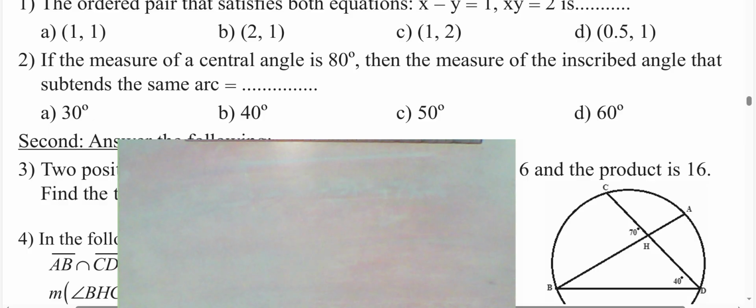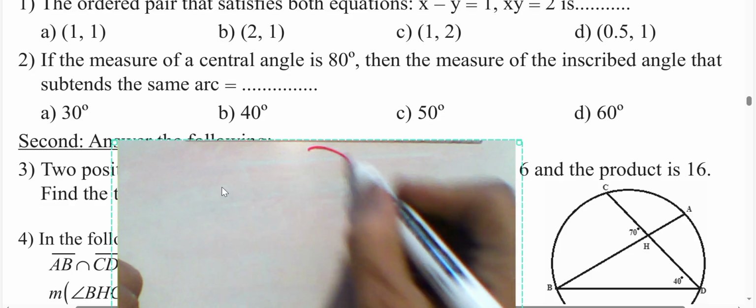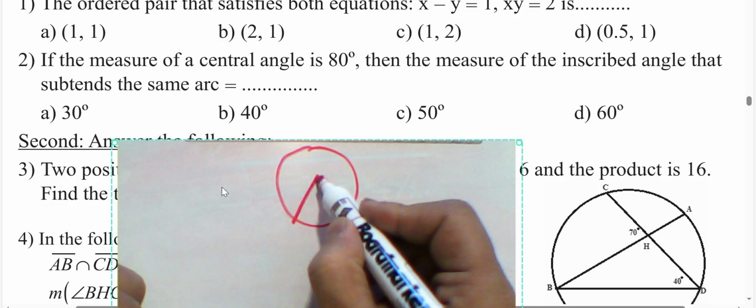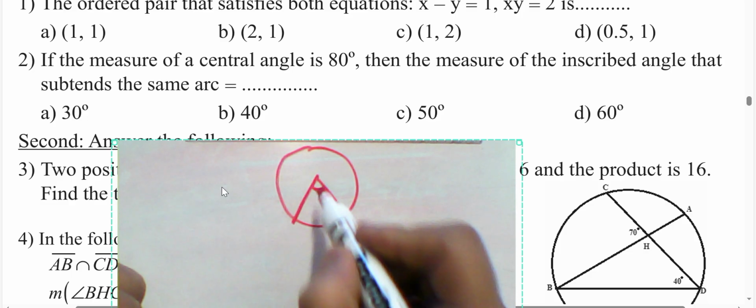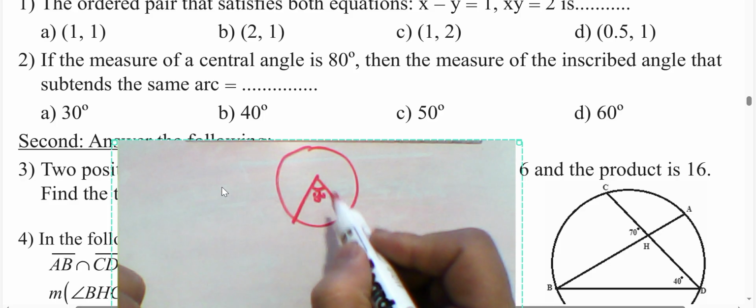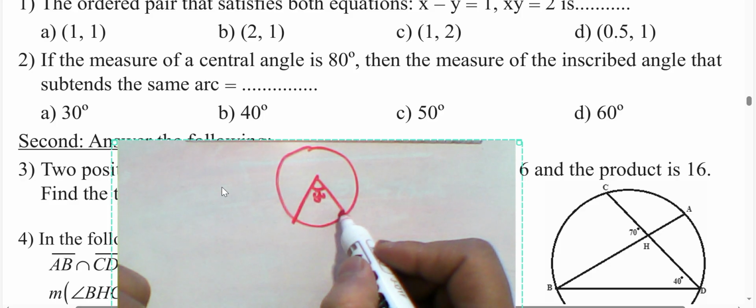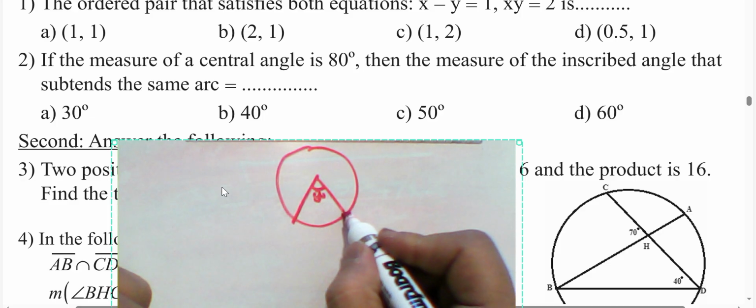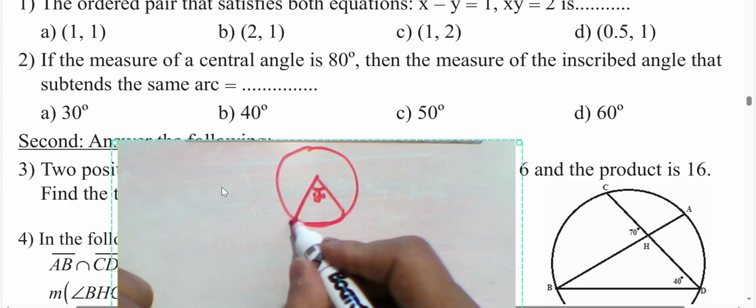Next question, number 2. The measure of the central angle is 80 degrees. The measure of an inscribed angle that subtends the same arc will be half of the measure. Like this, in the circle we have the central angle, whose measure is 80 degrees, and the inscribed angle that subtends the same arc.